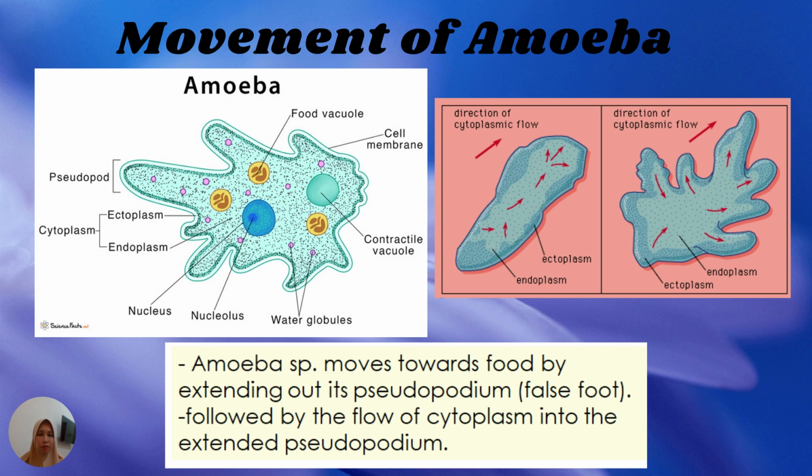The extending out of the false foot, called pseudopodium, will be followed by the flow of cytoplasm, and then it will produce many pseudopods. So that is the living process of movement in the amoeba. The amoeba moves by extending its pseudopodium.